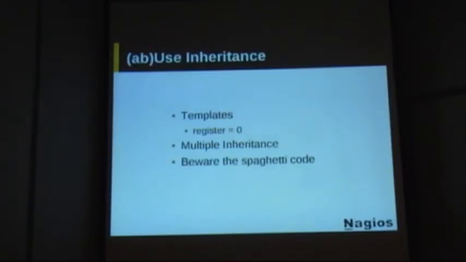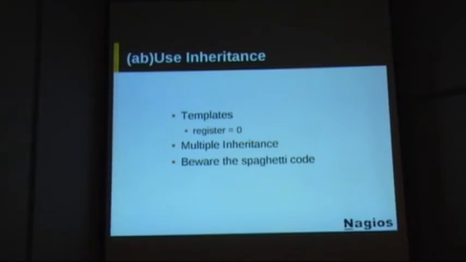Okay, inheritance. Inheritance is really cool, and I have the abuse inheritance there. I'm really of mixed mind. There are some really powerful things you can do with inheritance in Nagios.